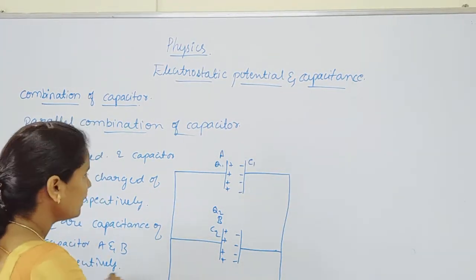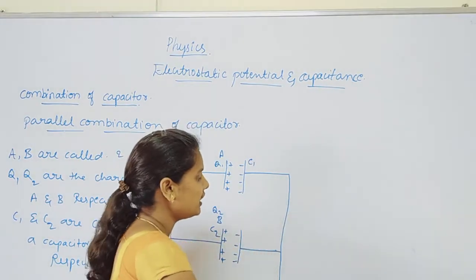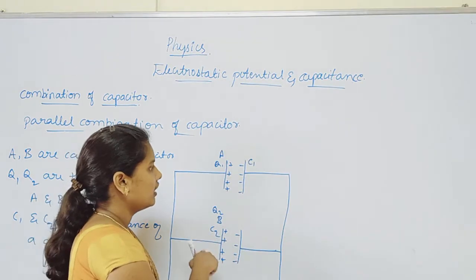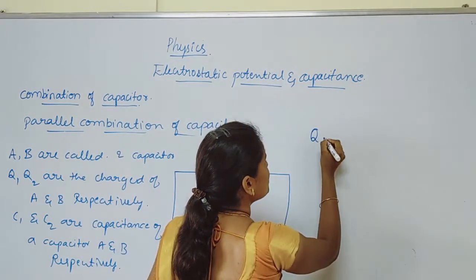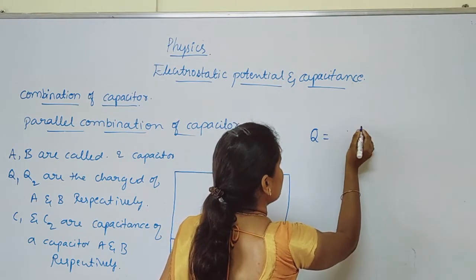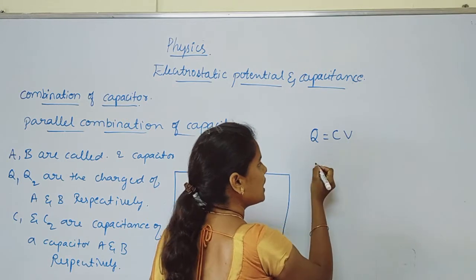Here we need to find the total charge in the capacitors. The total charge of these two capacitors can be defined as Q equals CV. Here V is constant.